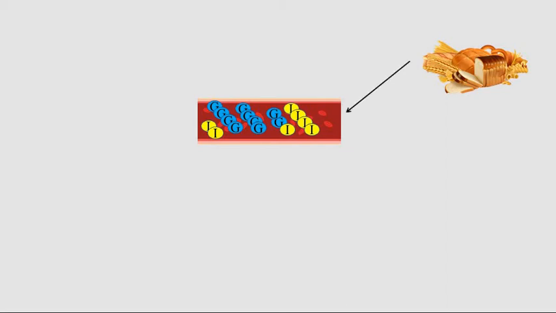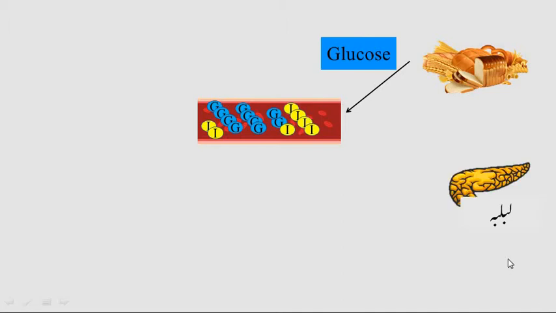It will increase the amount of glucose in the blood, and this will stimulate your pancreas, and your pancreas will secrete the hormone insulin into the blood to shift this glucose load from the blood to the muscles, or for fat storage and sugar storage.